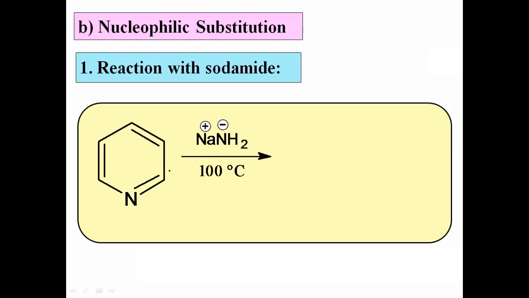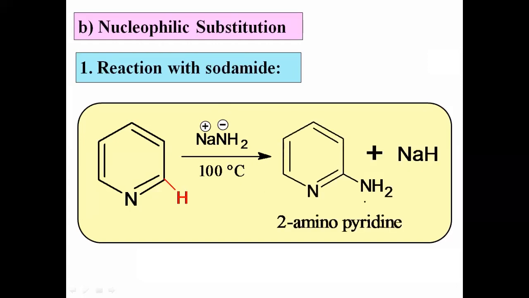Now here we know that the nucleophile attacks at position 2, and the hydrogen atom from position 2 is replaced by the NH2 group. And thus in this reaction, when pyridine is treated with sodamide at high temperature, the hydrogen atom from position 2 is replaced by the NH2 group.